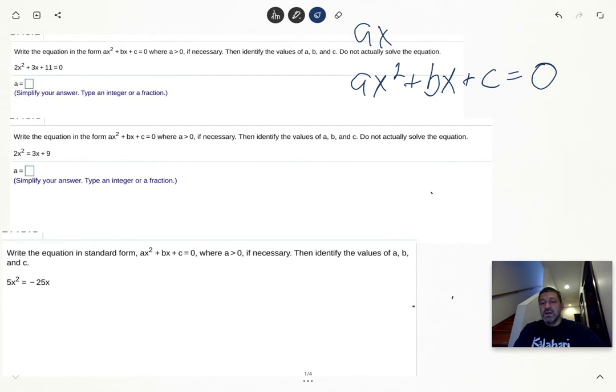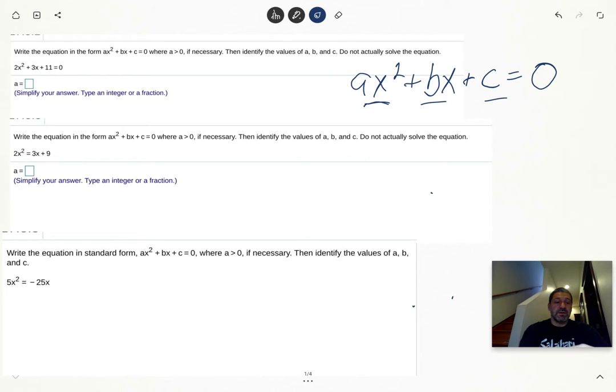Standard form means the exponents decrease, and of course, if it's quadratic, the first one has to be a squared variable.